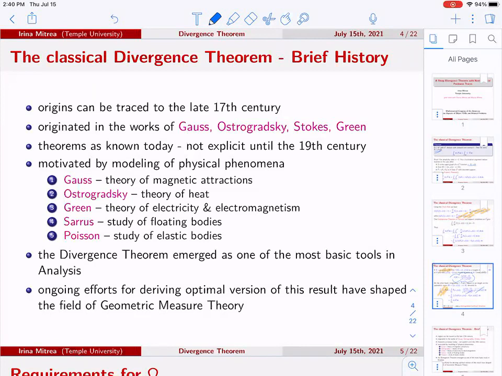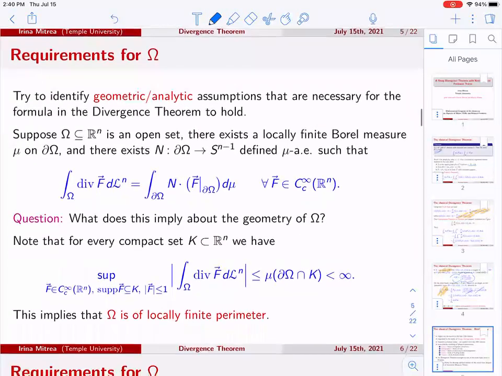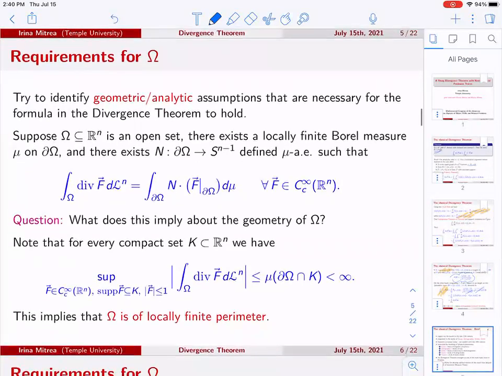Needless to say, the divergence theorem is one of the most basic tools in analysis, and ongoing efforts for deriving optimal versions of this result have shaped the field of geometric measure theory. So let me go further, and now walk you through some geometric and analytic assumptions. I would like to look for a sharp version of the divergence theorem, all right?